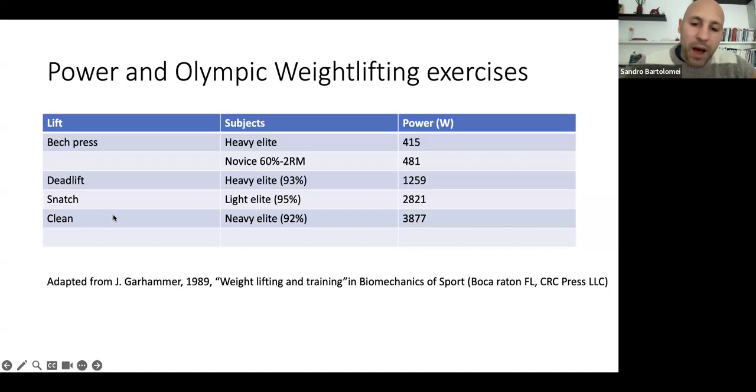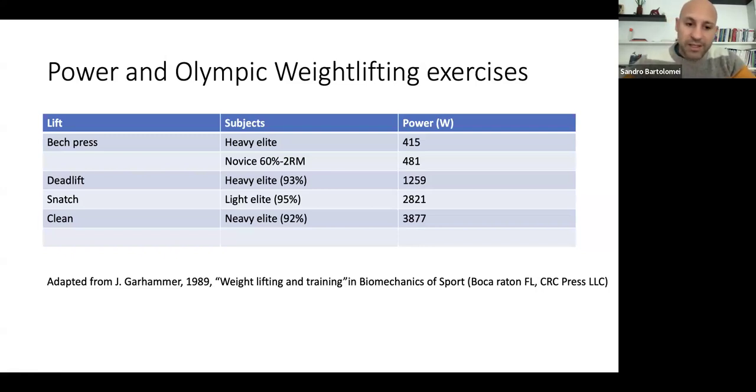And in clean, the power is even higher, because a heavy elite individual lifting 92% of 1 RM may produce 3800 watts. That is one of the most elevated power productions an individual is able to obtain. So Olympic weightlifting exercises are very important to stimulate power.